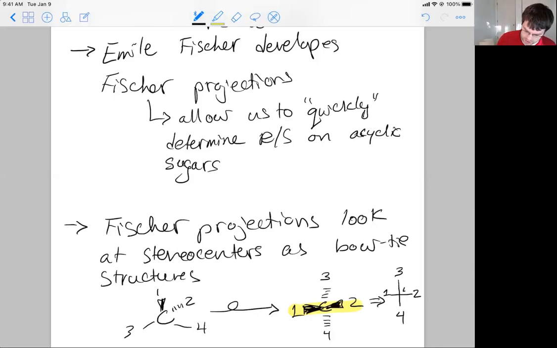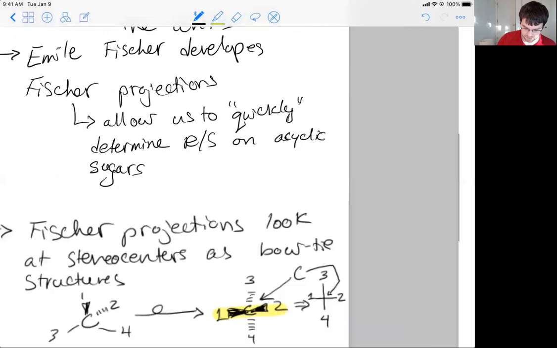The intersection of those 2 lines is supposed to be our central C atom that was in the middle of our stereocenter. So the cross or the intersection determines the stereocenter.